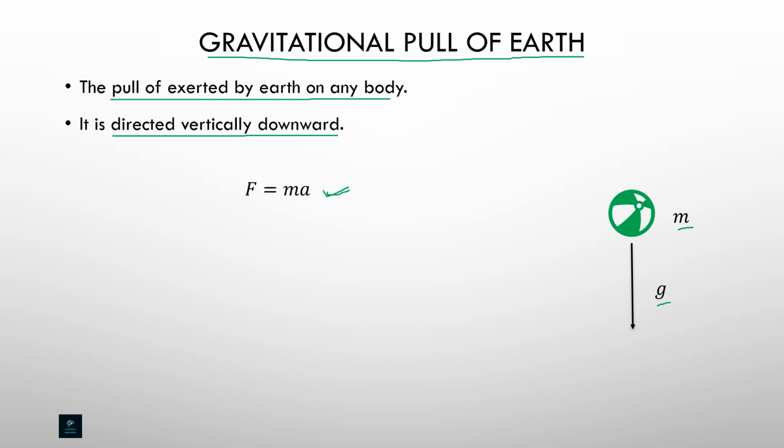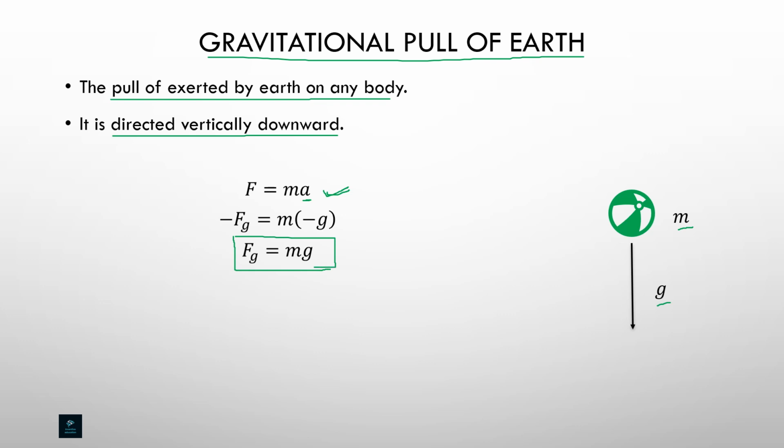Since g is in the negative y direction, therefore a is equal to minus g, and also the gravitational pull is directed downwards, and if we denote gravitational force by Fg, this Fg will be equal to minus of F. Therefore, we can write minus Fg is equal to m times minus g, and from this we obtain that the gravitational pull of the earth is equal to mass times the free fall acceleration.